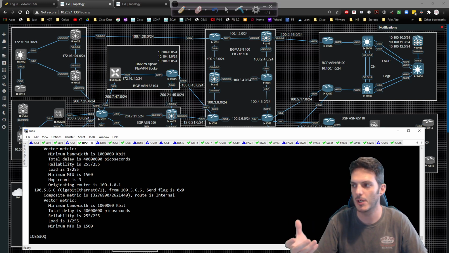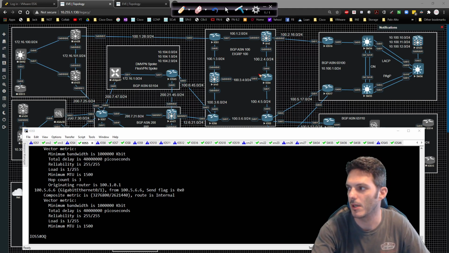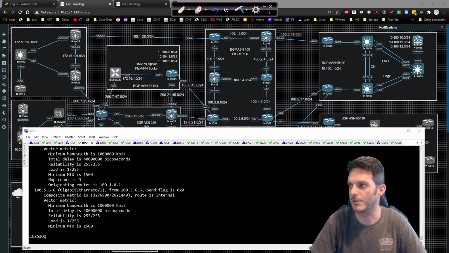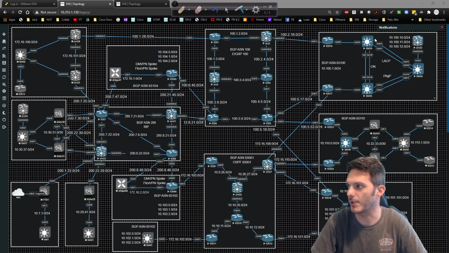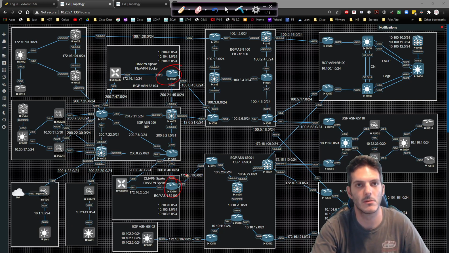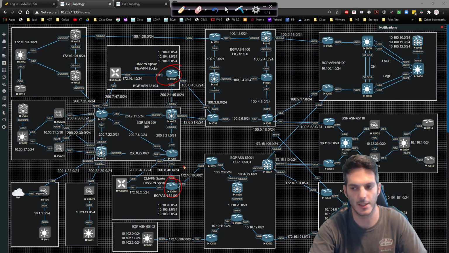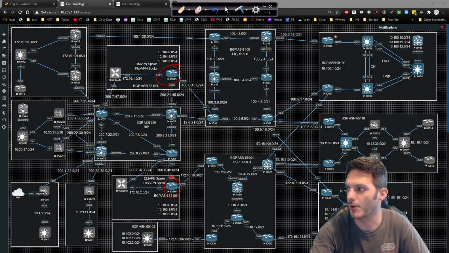So just so you understand where I'm coming from, let me go back to the pen tool and minimize this real quick. We have a couple of spokes that we're going to be using for tunneling, so regular point-to-point GRE, crypto, VPNs, DMVPN, FlexVPN, all that type of stuff. And we have a couple of what could potentially be hub devices.